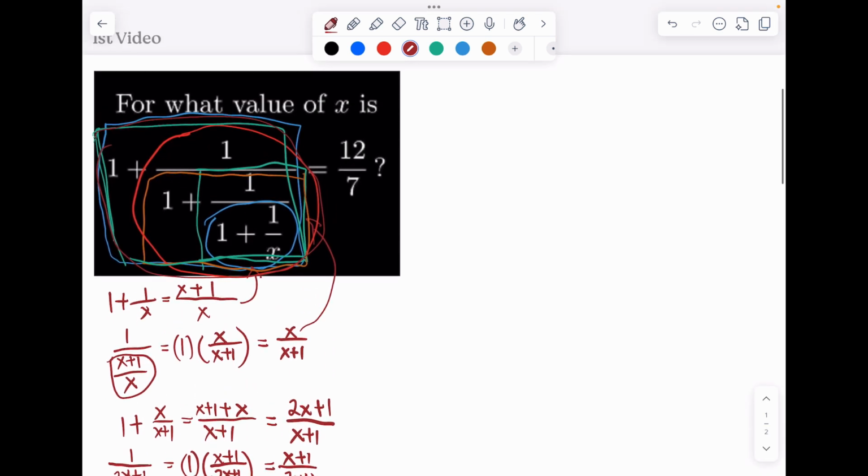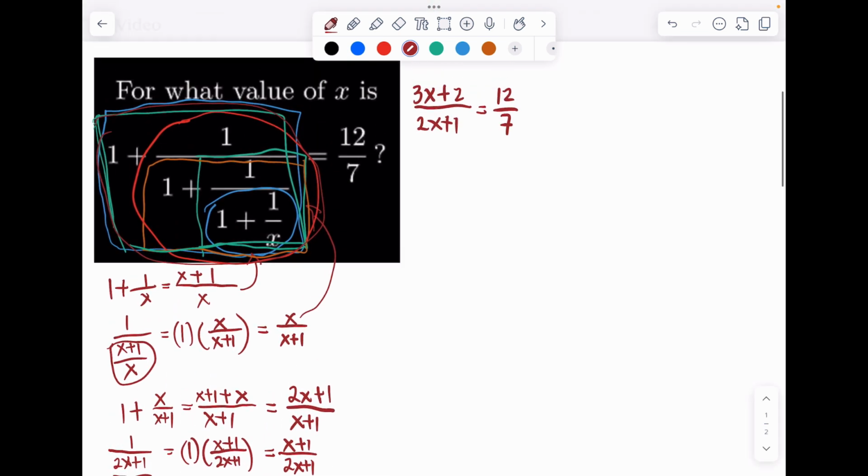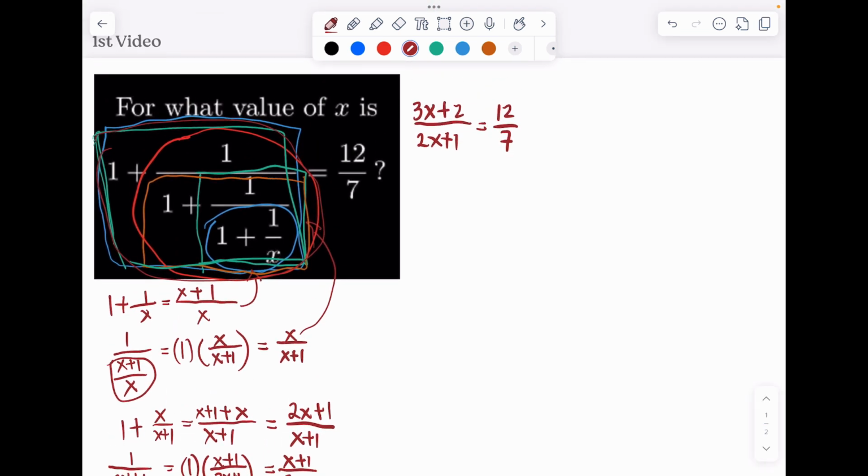So let's do that. 3x plus 2 over 2x plus 1 equals 12 over 7. And what we're going to do is we're basically going to use the algorithm that we use for figuring out proportions, and we're going to multiply diagonally.